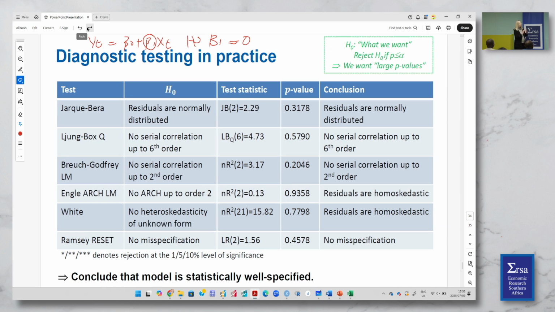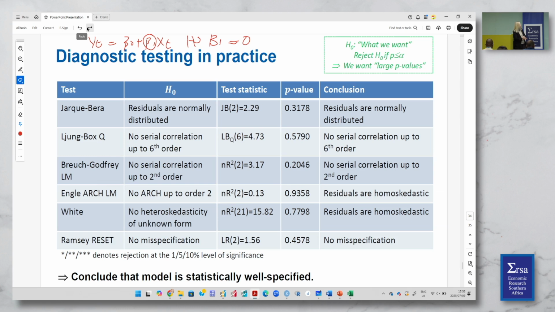But there's another one, that F test, where we compare this restricted model with the unrestricted model. So we will see those details. But obviously now we want to fail to reject. So we don't want to see any p-values here below 5 or 10%. And then we conclude that everything is in order.